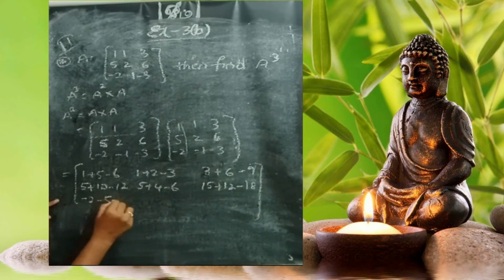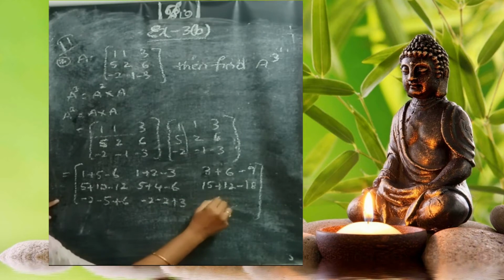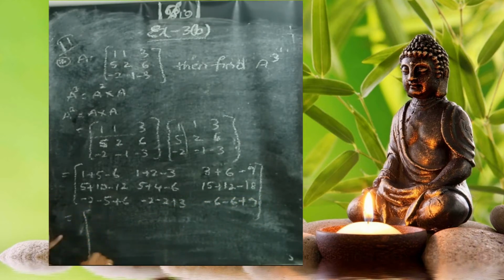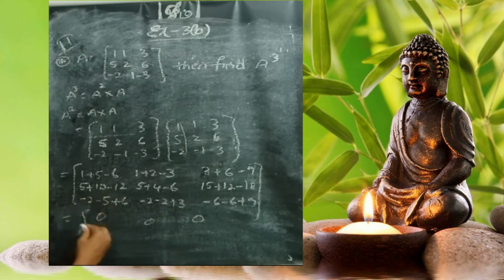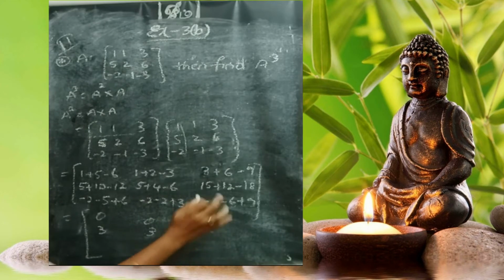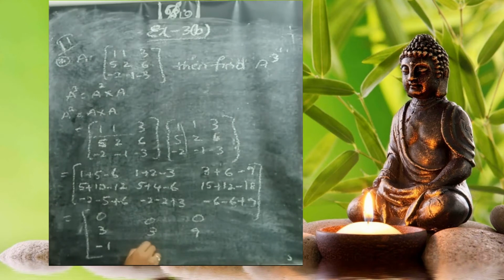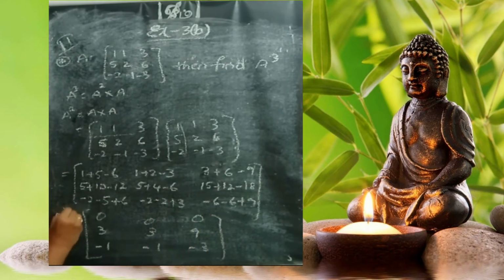Minus 2 minus 5 plus 6, minus 2 minus 2 plus 3, minus 6 plus 9. Then you will get 0 0 0, 10 15 minus 12, 3 3 9, minus 1 minus 1 minus 3. So this is the value of A square.